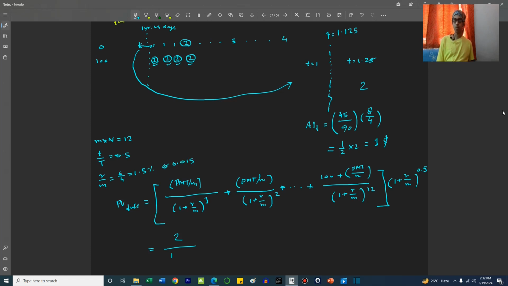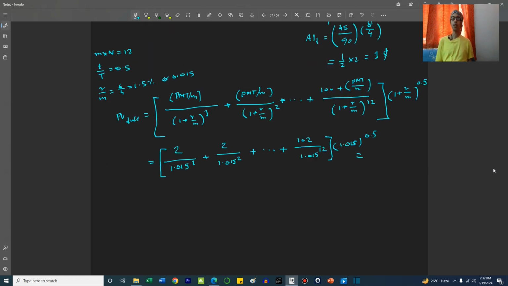So this becomes 2 by 1.015 to the power 1 plus 2 by 1.015 to the power 2 plus ... plus 102 by 1.015 to the power 12, this into 1.015 to the power 0.5.